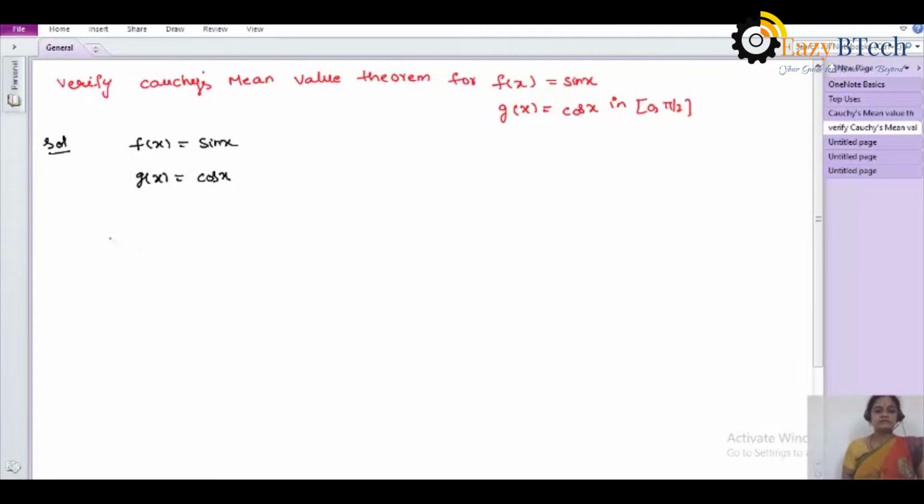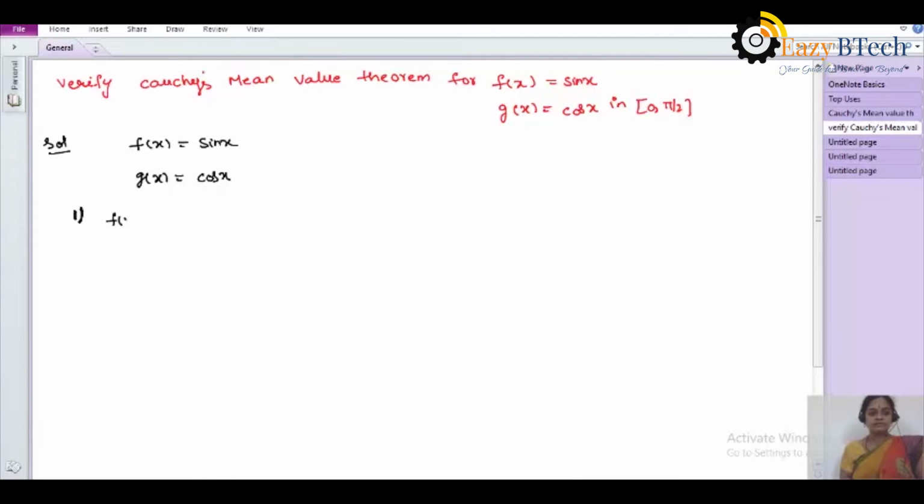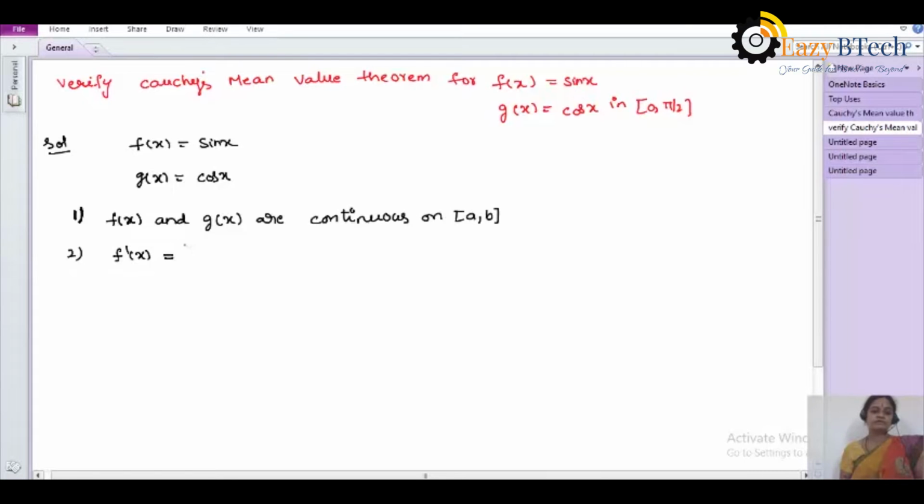So what is the first condition in Cauchy's mean value theorem? Verifying f of x and g of x are continuous or not. Of course the given functions are trigonometric functions, so you can say that f of x and g of x are continuous on the closed interval [a, b]. Coming to the second one, the derivable condition, we differentiate f of x.